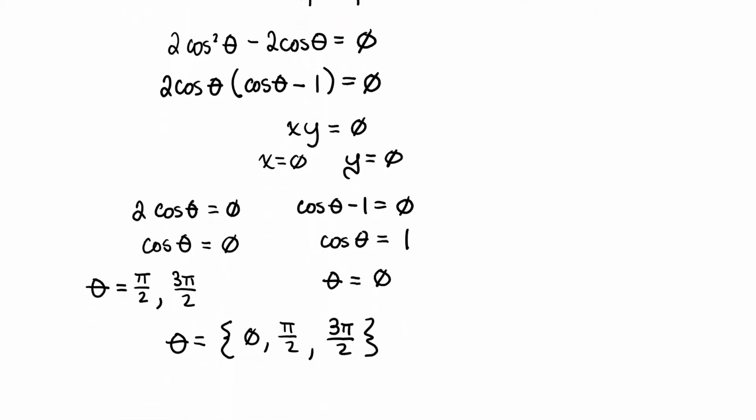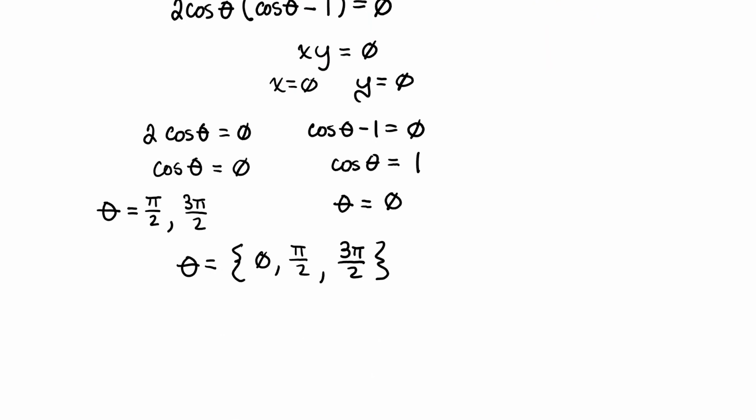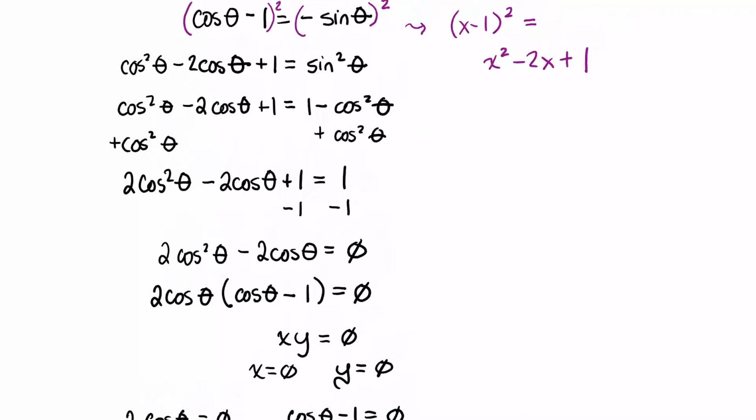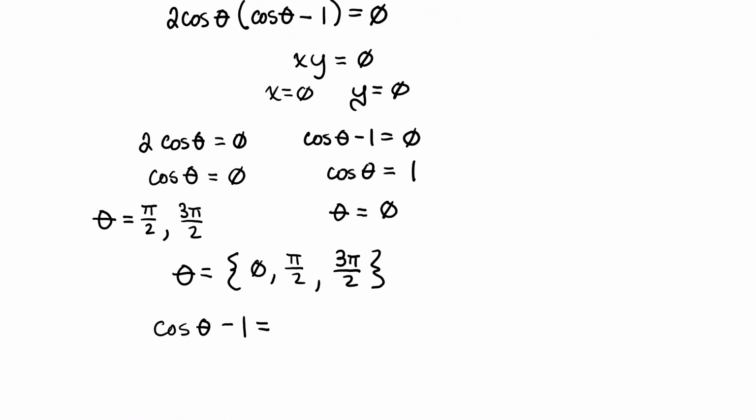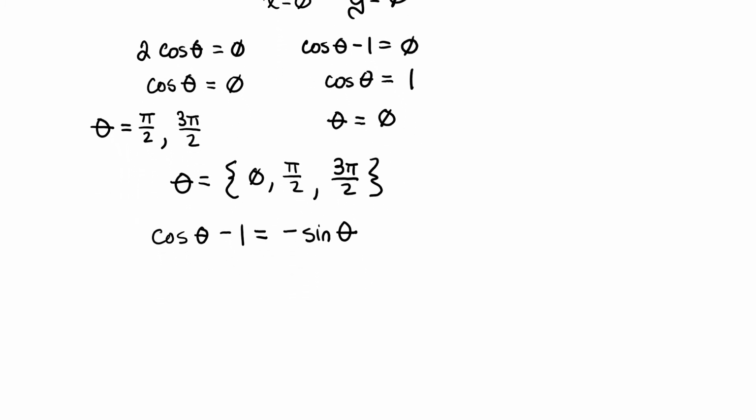So that is really our original equation. We want the angle measures such that cosine theta minus 1 equals negative sine theta. And now we're going to check our answers to see if they all yield a true result.